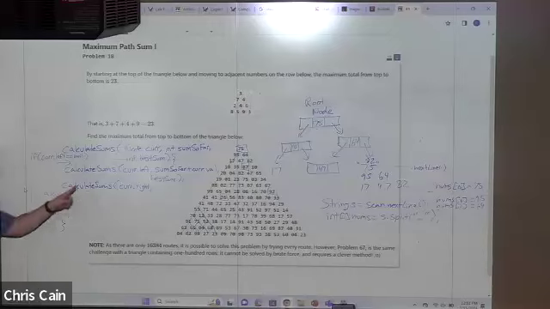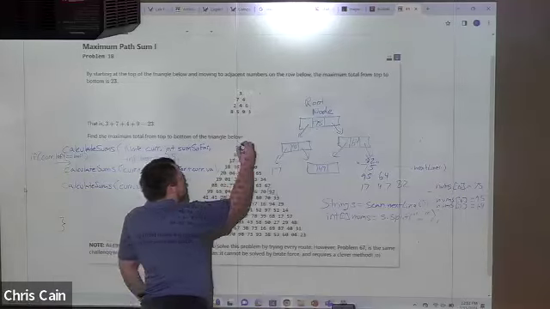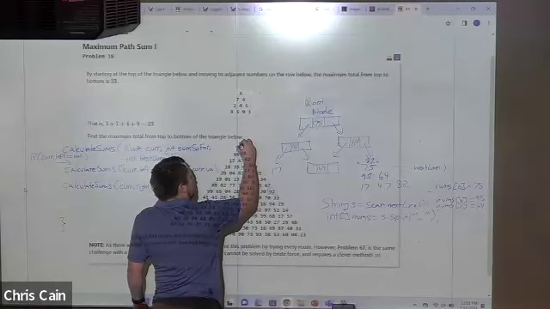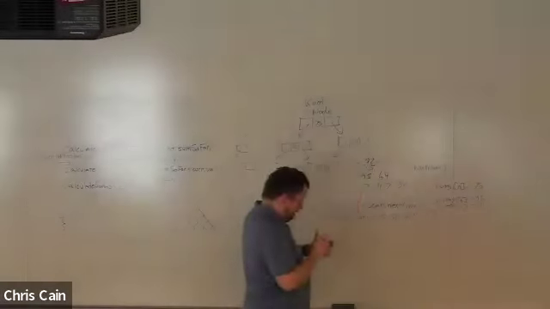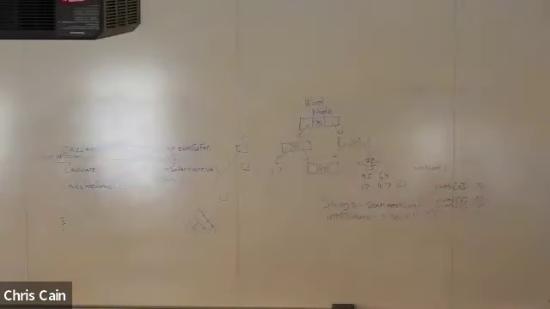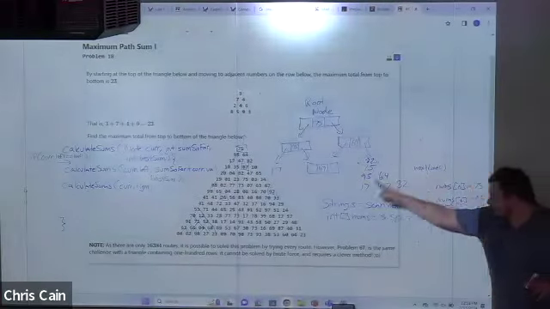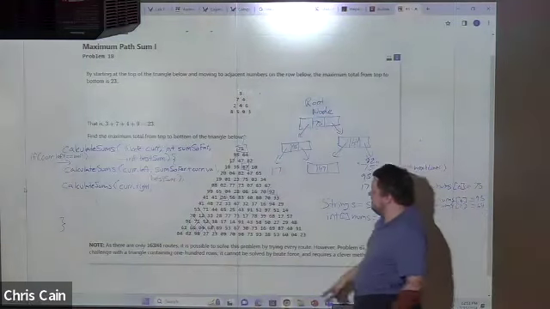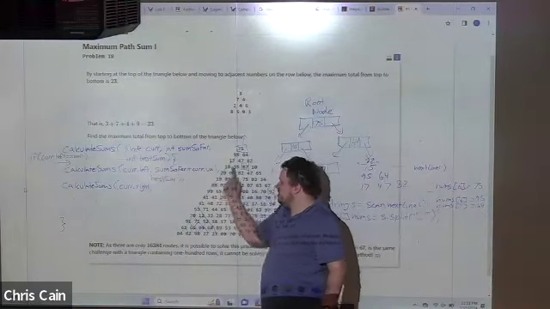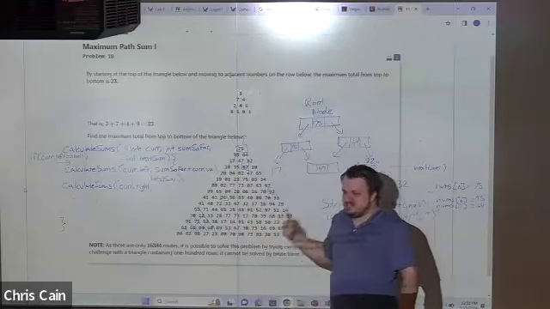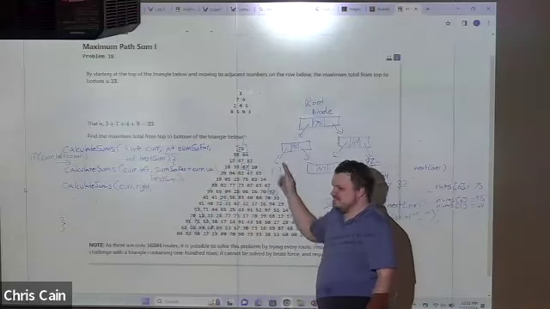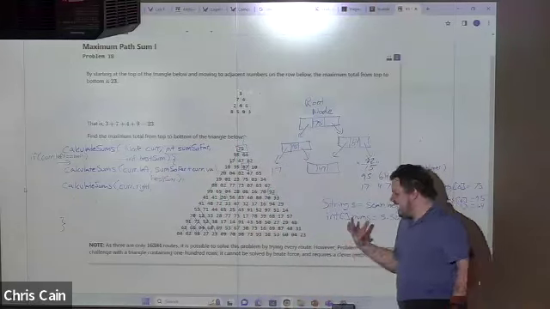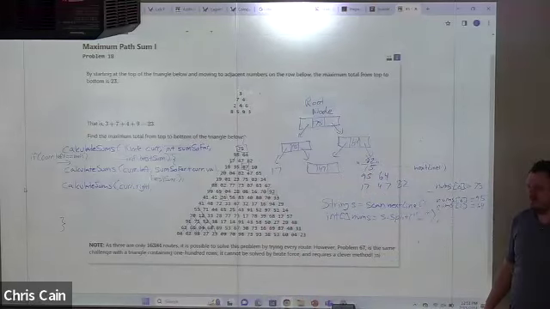And by the time this original call returns, we will have looked at every possible path in this triangle. And best sum, when we return from that, is going to be the best sum from all of this. We'll have seen every possible path.